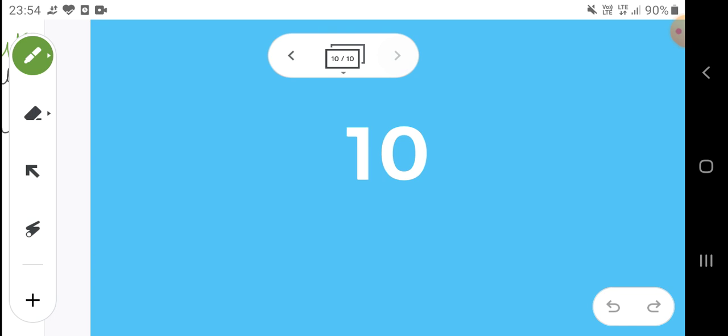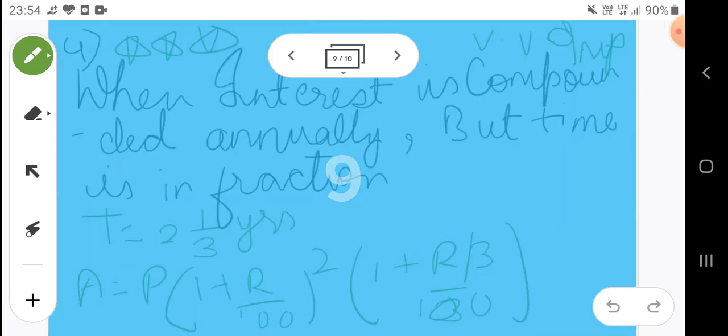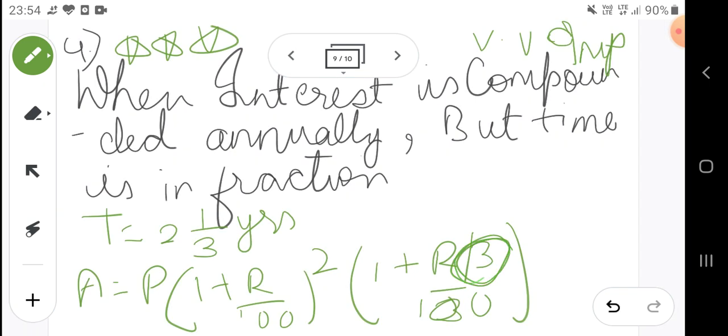In this, you have to see the denominator here. This is 3, so 7/3 years. So whatever the rate will be, R upon you have to divide by the denominator. I hope this point is clear to you all.